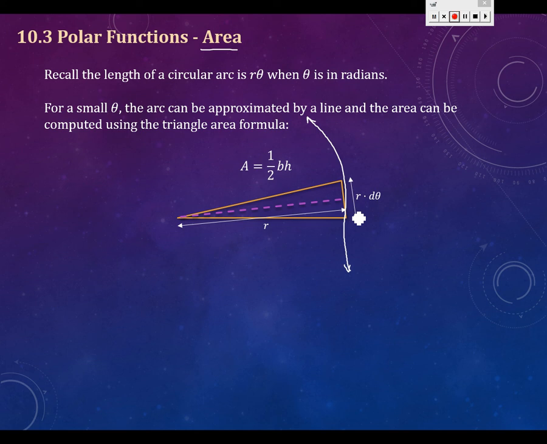So now that we have the height of the triangle and the base of the triangle, so to speak, I think we can calculate the area of that triangle. What will it be then? One half, multiplying these things, r squared d theta?